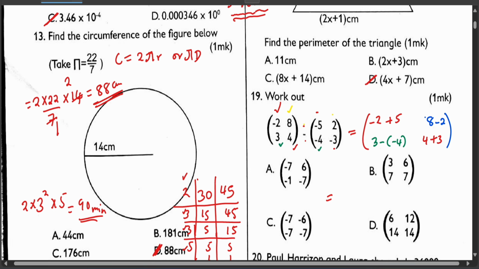Na hii pia the same thing. 3 minus negative 4 itakuwa 3 plus 4. So answer yako negative 2 plus 5 ni positive 3. 8 minus 2 ni 6. 3 plus 4 ni 7. 4 plus 3 ni 7. So that is your answer, 3677, which is this. Sorry, rahisi sana.